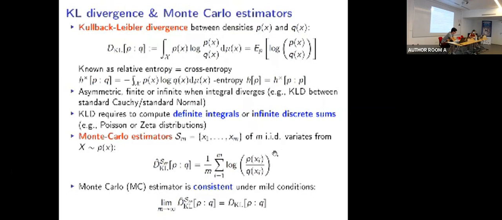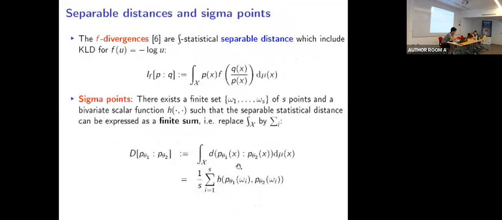A good property of this Monte Carlo stochastic sampling is that the estimator is consistent, in the sense that when you take the number of samples bigger and bigger, tending to infinity, you will find the real value of the KLD under mild conditions.